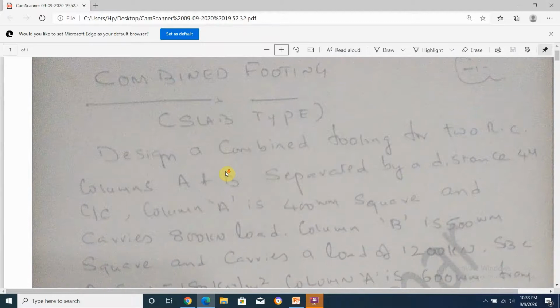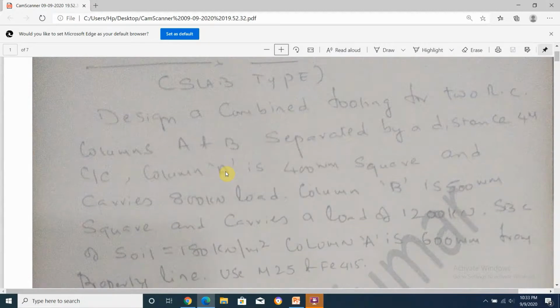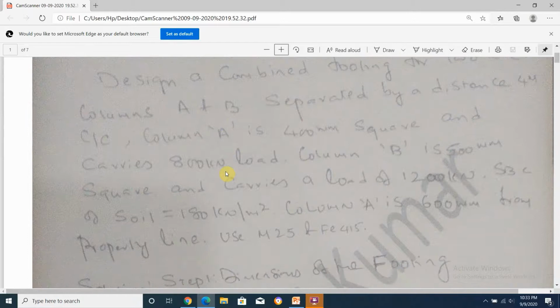Here is the problem: design a combined footing for two RC columns A and B separated by a distance of 4 meters center to center. Column A is 400 mm square and carries a load of 800 kilonewton, and column B is a 500 mm square column and carries a load of 1200 kilonewton.